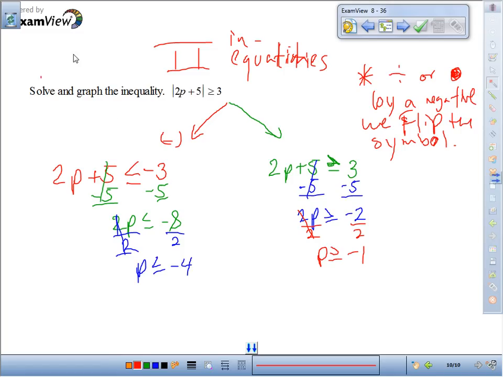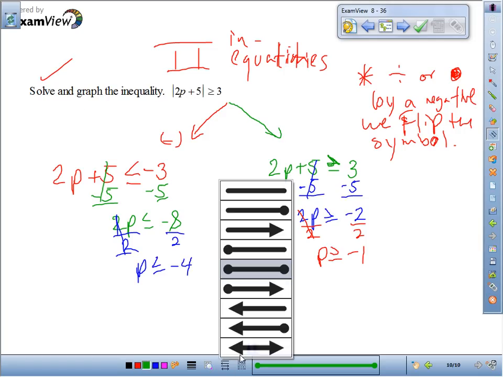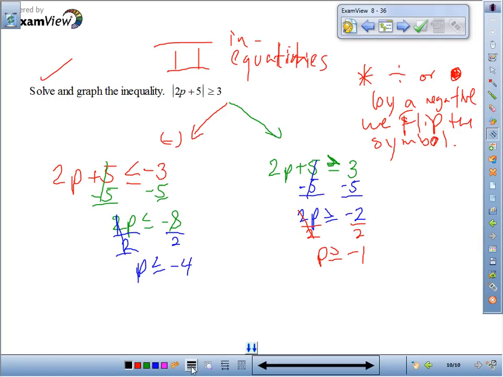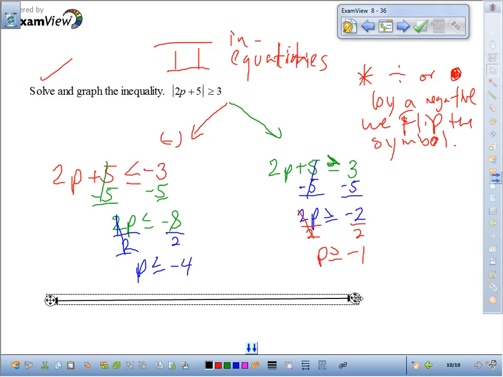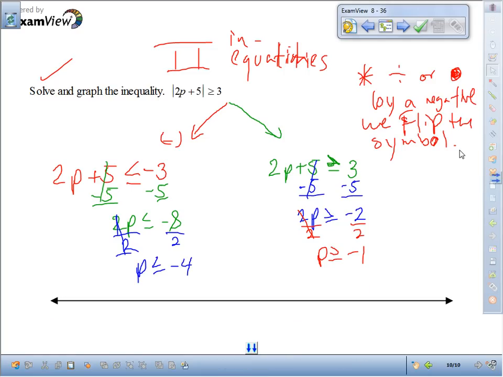Are we done, let's see? Solve, but it says to do what? Graph. So let's get our number line down here. All right, here we go.